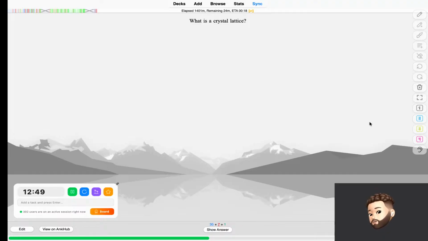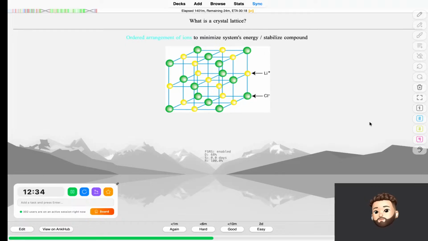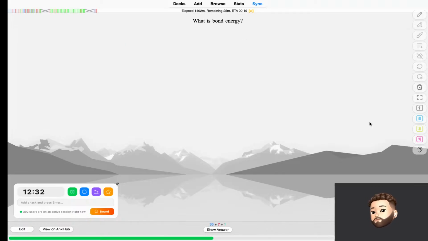What is a crystal lattice? It's an ordered arrangement of ions to help minimize the system's energy and stabilize a compound. What is bond energy?